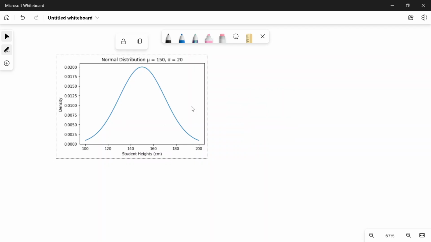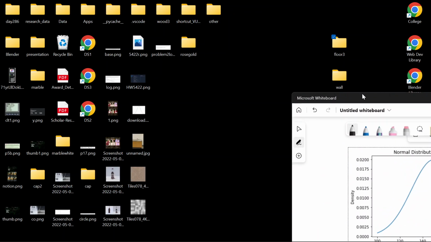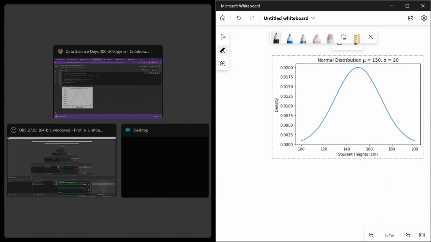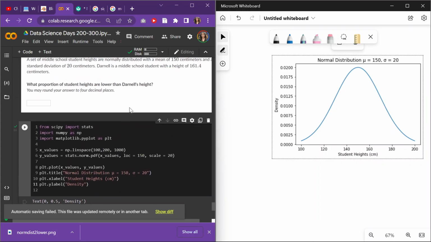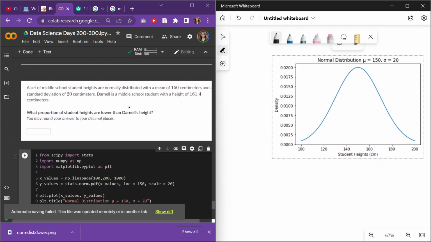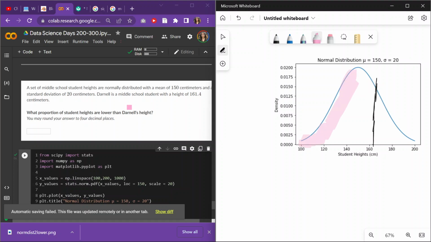Okay, so basically what they're asking about is the proportion of students whose height is lower than Darnell's height. And Darnell's height is 161. So 161 is about right here, so I'm just going to write that line here. What they want is this area right here, the area under this curve.